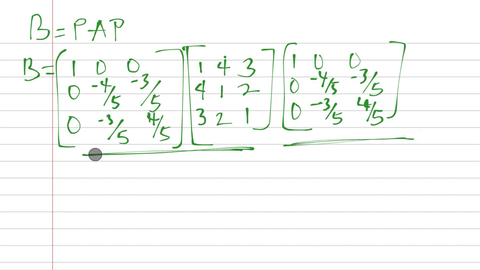First you do PA. Once you do your PA, the answer you get, you multiply it with this P again, and that will give us the final answer.